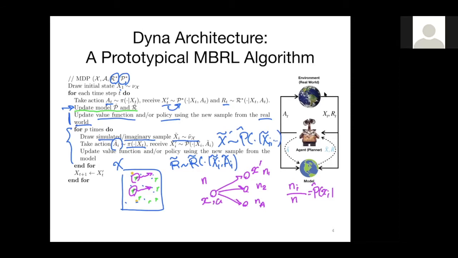So it would be something like that: the number of times I have been at state x and chosen action a and then gone to state x_i, divided by the number of times I have been at state x and chosen action a.